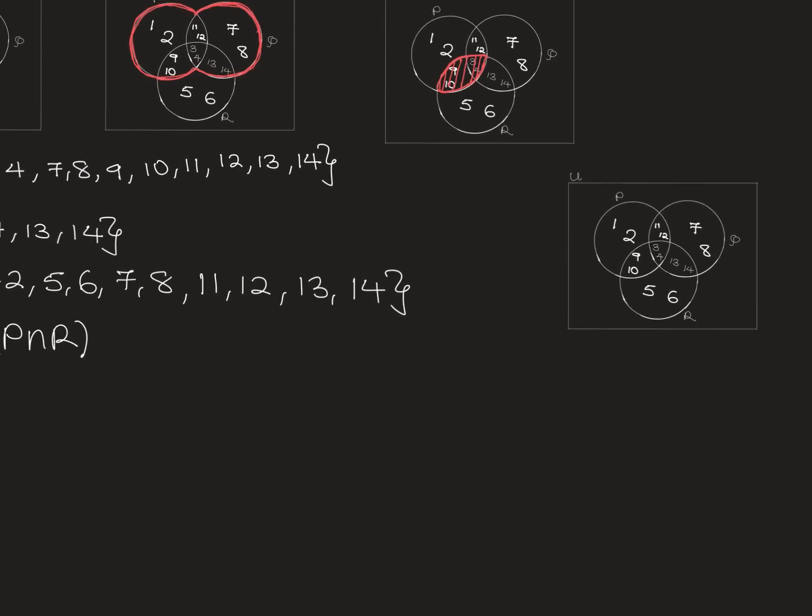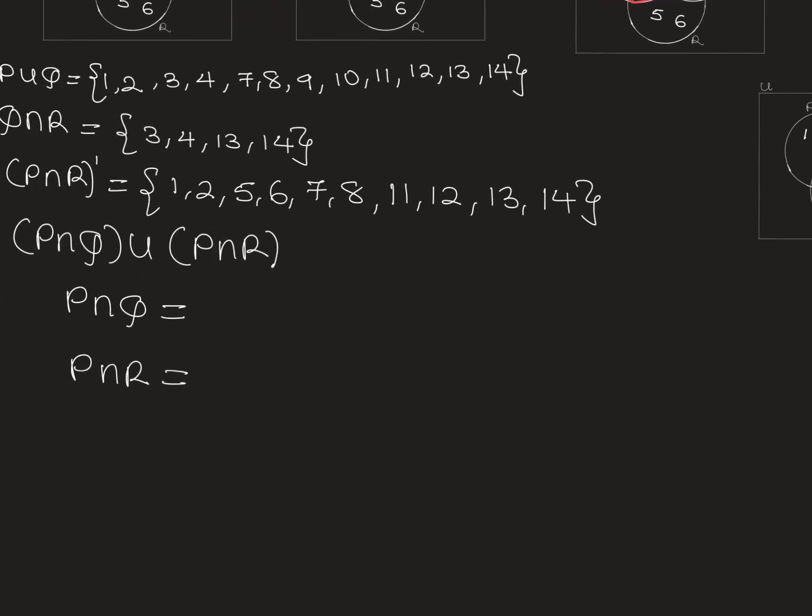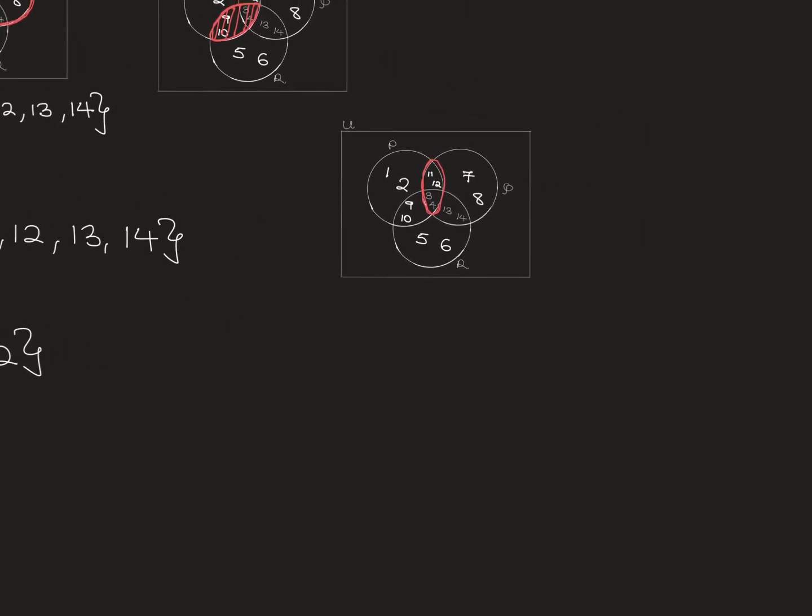Let's identify P and Q. The P intersection Q is going to be this: 3, 4, 11, and 12, right? 3, 4, 11, and 12. So what is P intersection R? P intersection R, that is where P and R have intersected, will be this. It's 3, 4, 9, and 10.